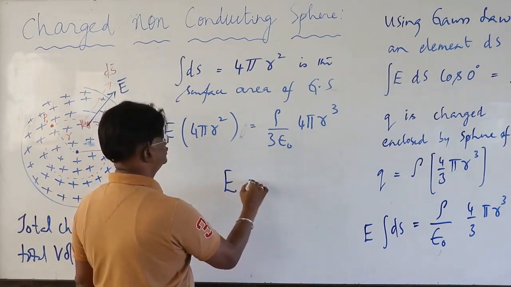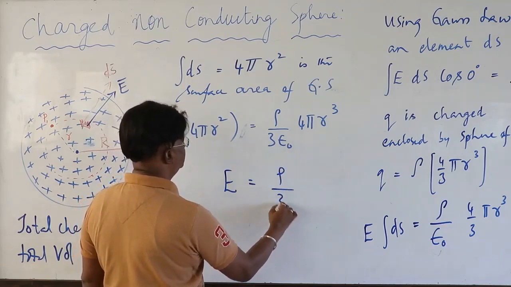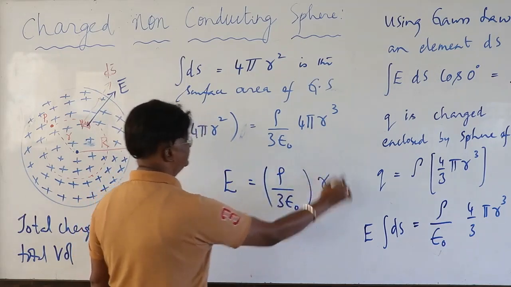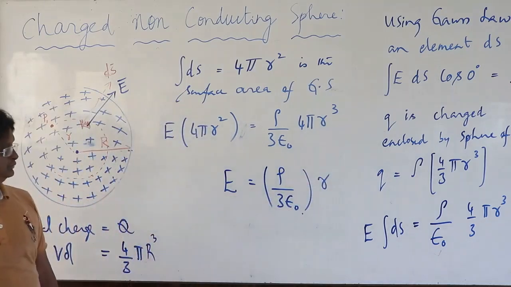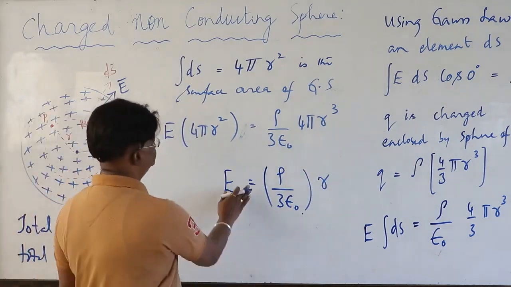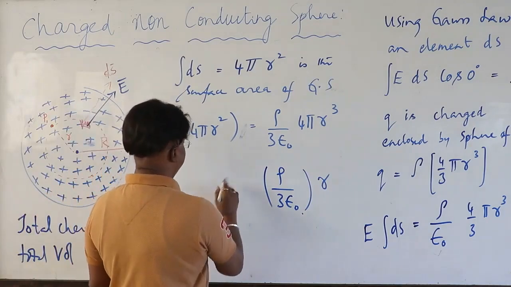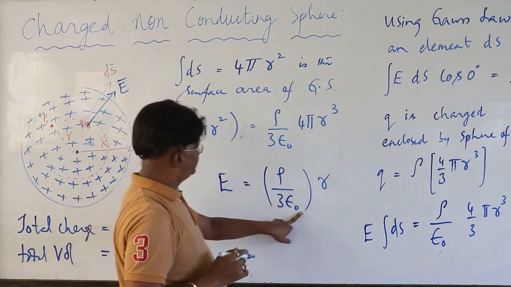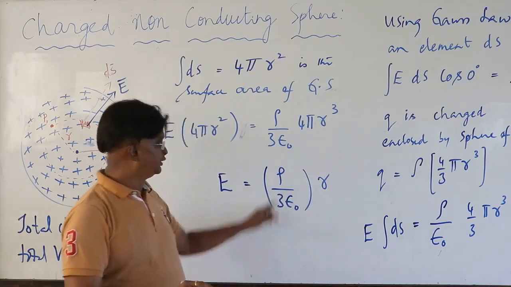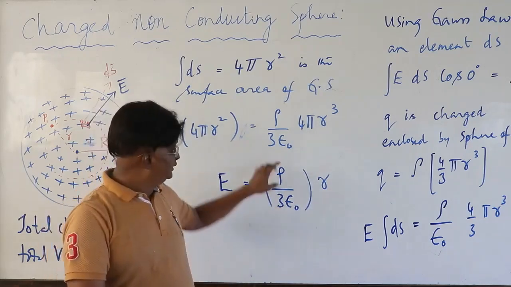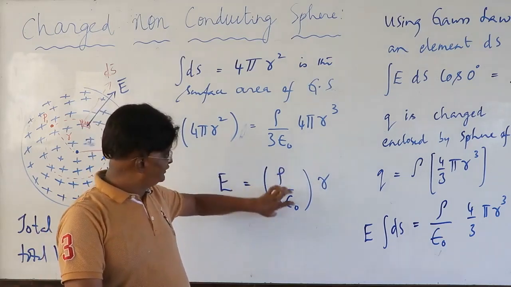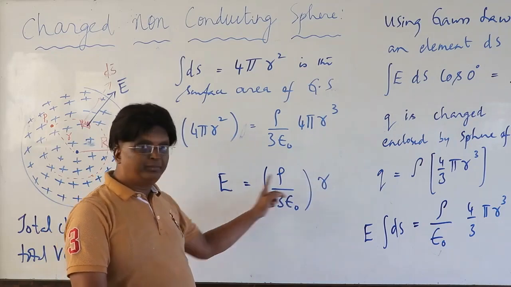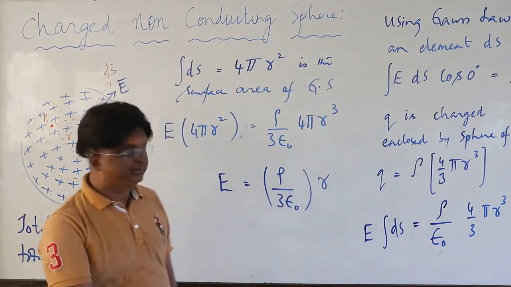Therefore E is equal to rho by 3 epsilon naught times small r. Is it okay? Rho, of course, as we said earlier, is constant for a uniform distribution, so rho by 3 epsilon naught is all constant. E is proportional to r, the result we will get, right?